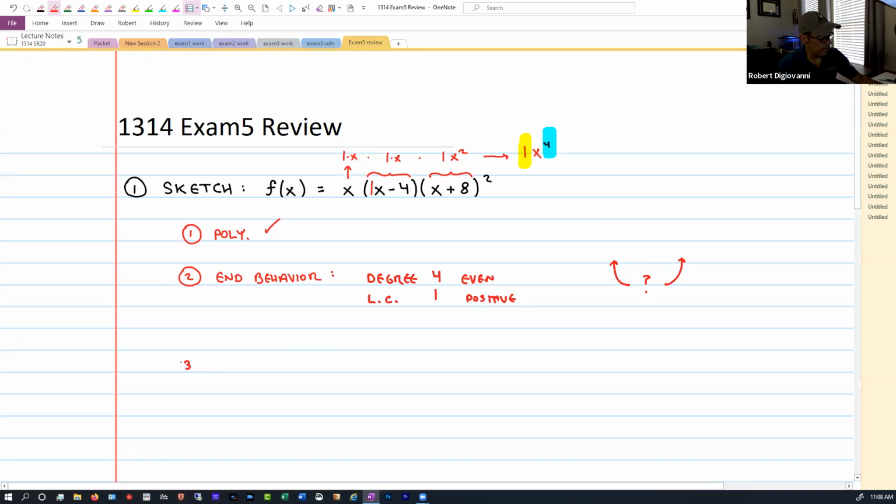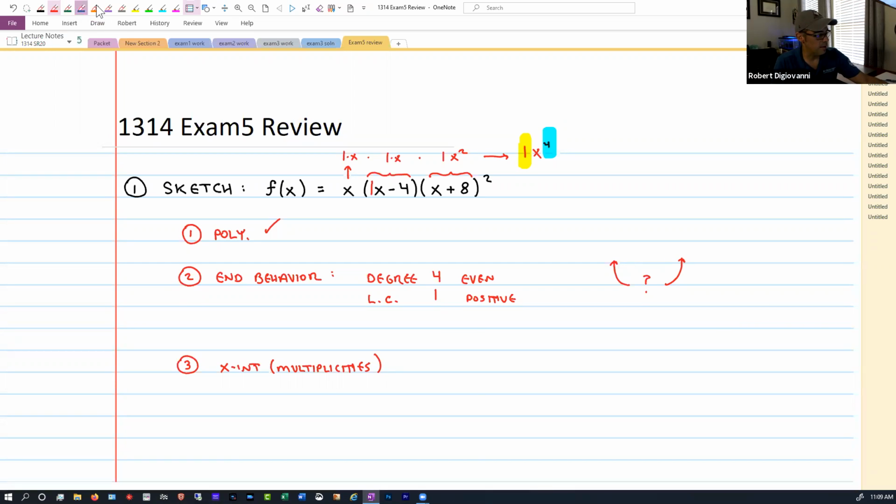All right, third step are the x-intercepts with the multiplicities. So this is where we're going to figure out where the polynomial touches the x-axis and whether or not we bounce or cross at each one of those. So to do that, all we have to do is take each of the factors up here.